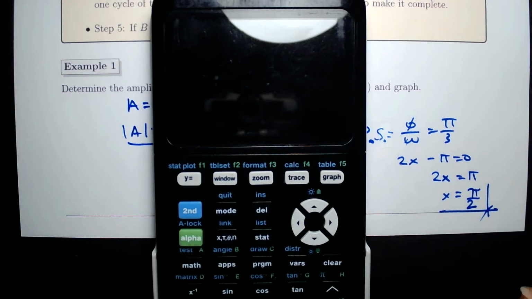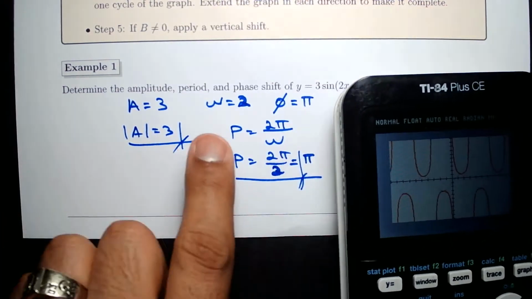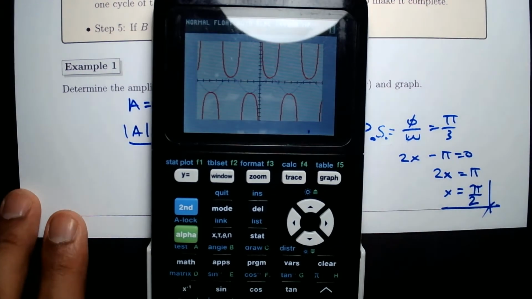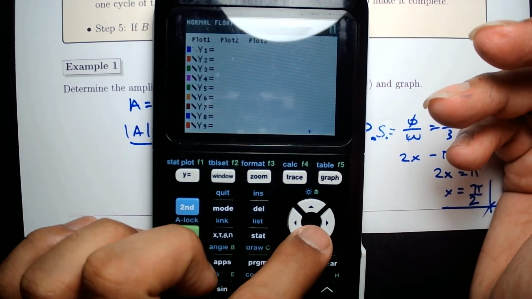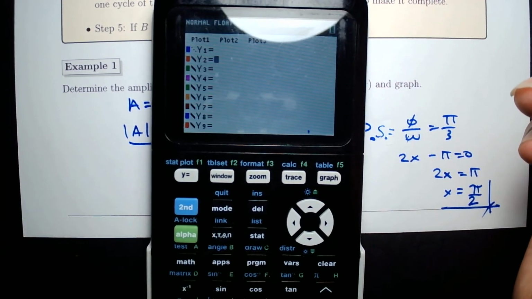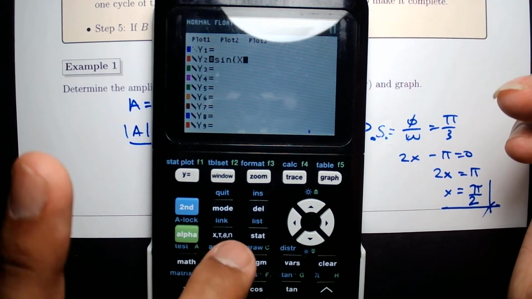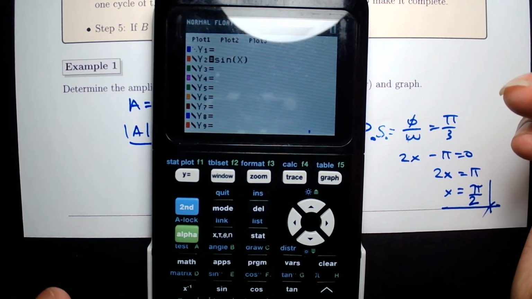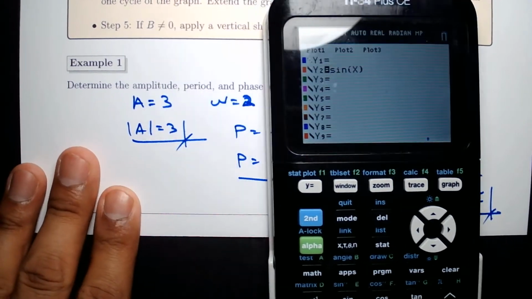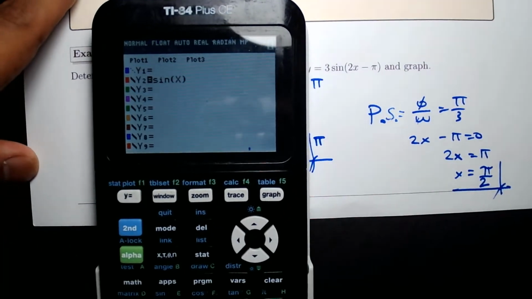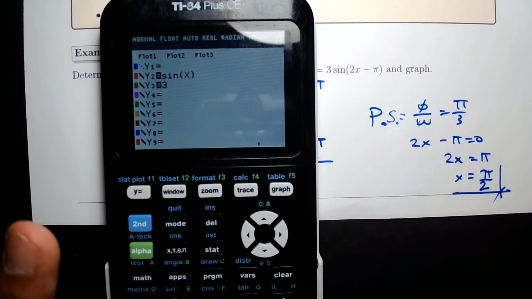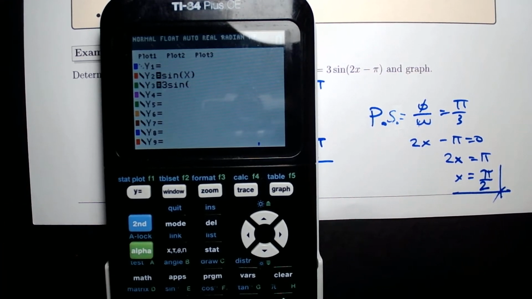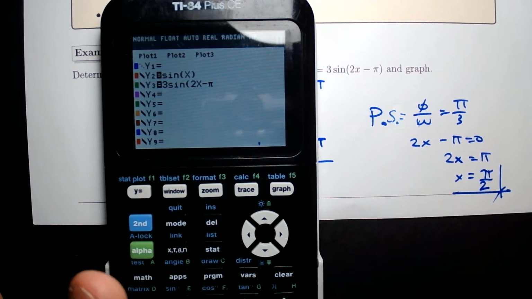So let's see what we're going to get. In this case we have a sine function. Let me start with the natural sine function, sine of x, and then over here, 3 sine of 2x minus pi.